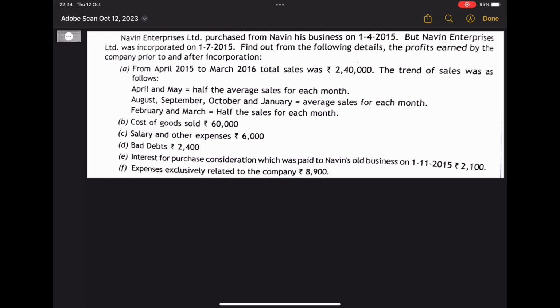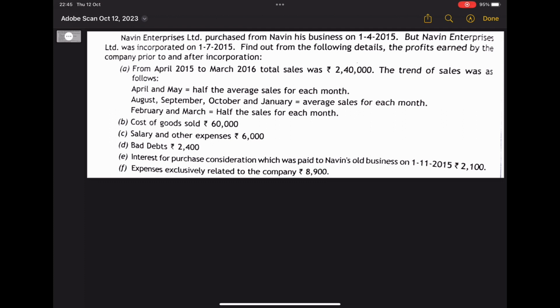So see, for April and May, half of the average sales for each month. Next, August, September, October and January equals average sales for every month. February and March, half of the sales for each month.